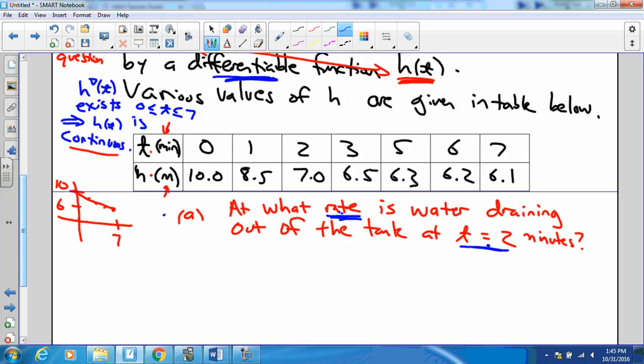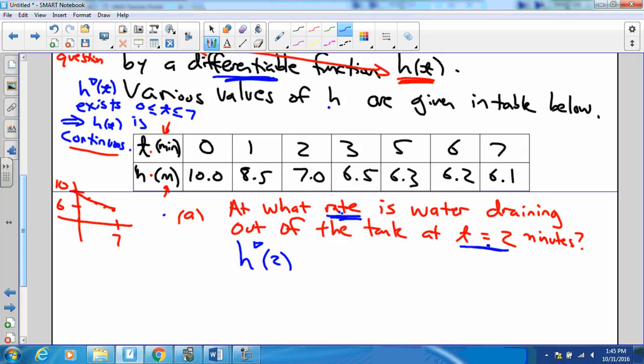How do I know instantaneous? Because they are asking for an instant in time. I'm looking for an instantaneous rate of change of the height of the water. The name for the height in this problem is H. Meters are the units. Therefore the name for the rate of change of H is H prime. H prime of 2 specifically.